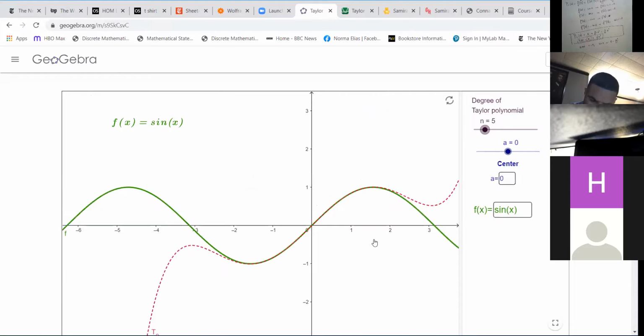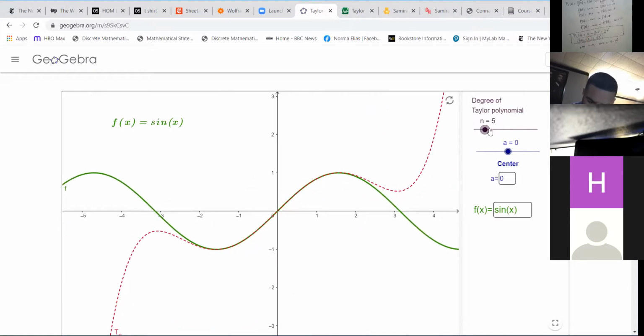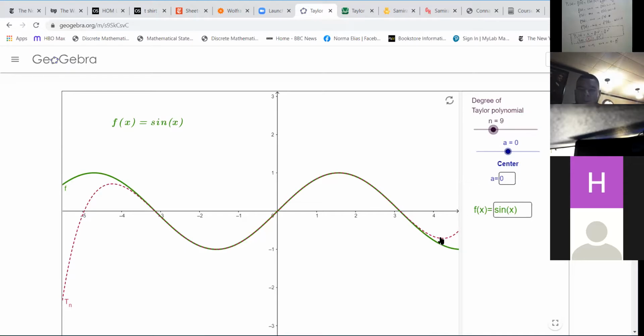You can see how much better the approximation is. I can do 7, 9. Remember, the red one is the polynomial and the green is the actual function. You can see how much better my approximation is. And then I can keep going. I can do 11.